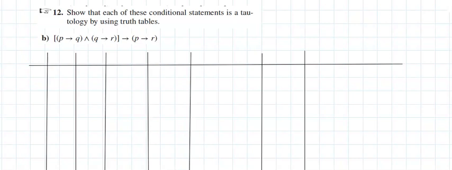Problem number 12. Show that each of the conditional statements is a tautology by using truth tables. All right, so we have a lot of those.